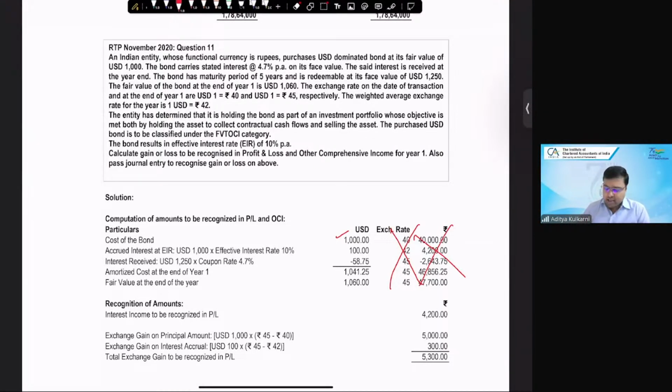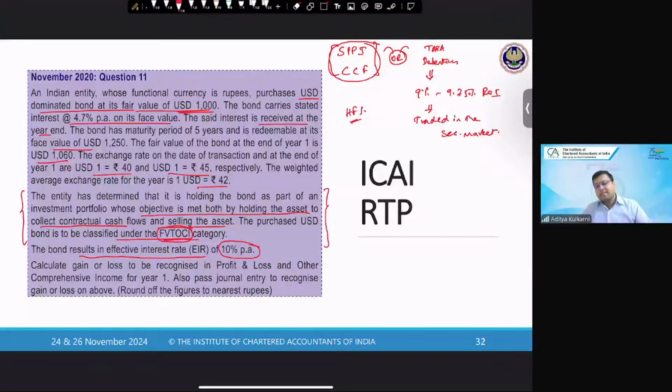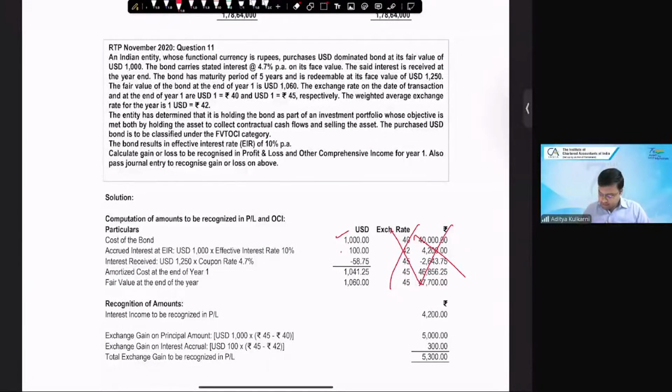Yes, sir. Now, the effective interest rate is 10% per annum. Is it okay? So 10% is what is my finance income. Did you understand? Yes.